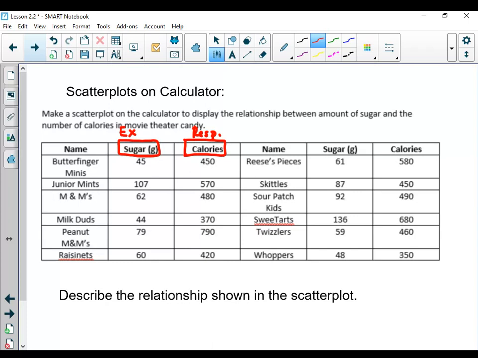Well, we're going to enter our data into the calculator really the same way we always have. So I'm going to put all the sugar amounts into L1, and make sure you include these over here as well. So do all these sugar amounts in L1, and then do all the calorie amounts in L2. We haven't really done two lists before, but we're going to put this into L1, then put these into L2. But again, include these over here as well.